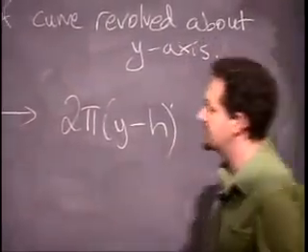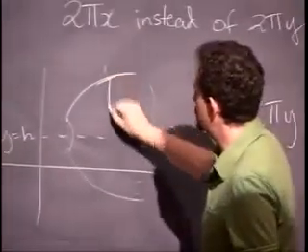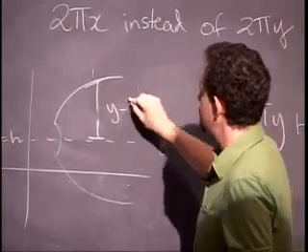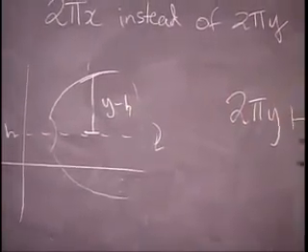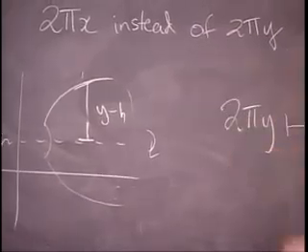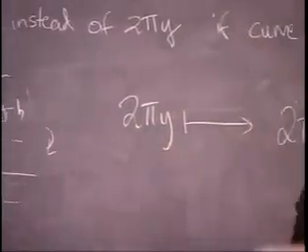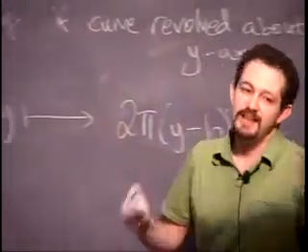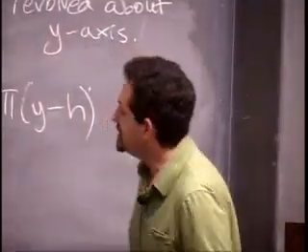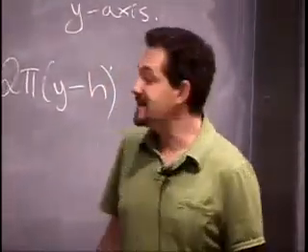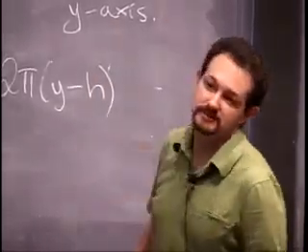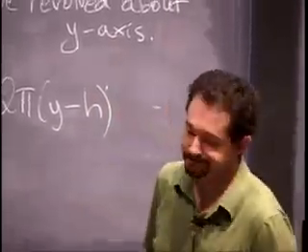Same sort of thing, right? The distance from this bit of curve down to the axis is y minus h instead of y. And similarly, variation 1 plus 3, if it was about a vertical line, x equals h, you would put 2 pi times x minus h. I have to say, in Math 104, I have very rarely seen any deviation from that standard formula for surface area.